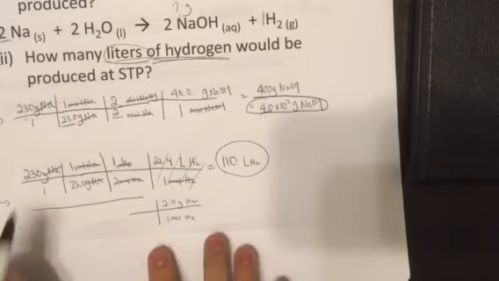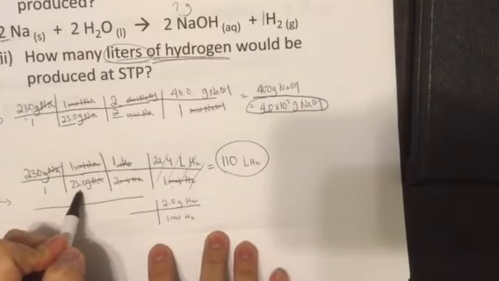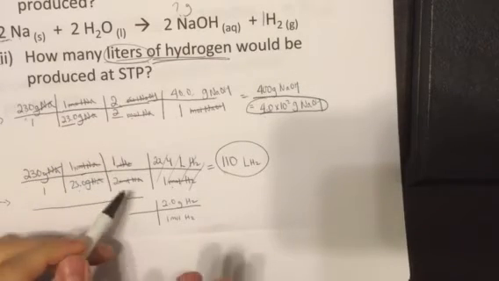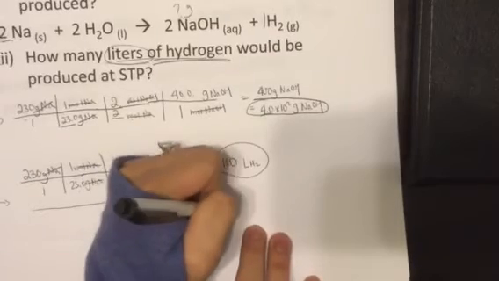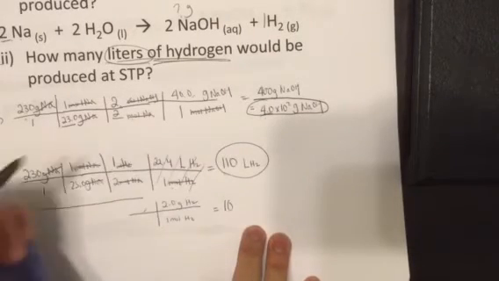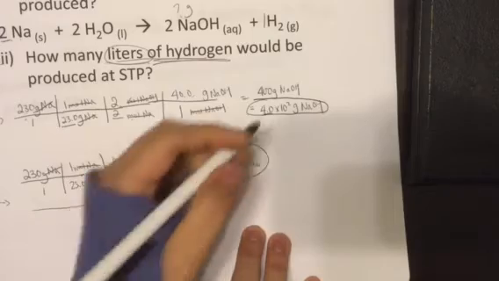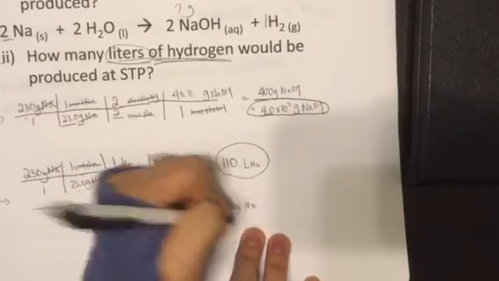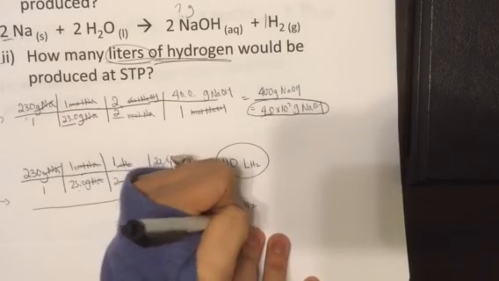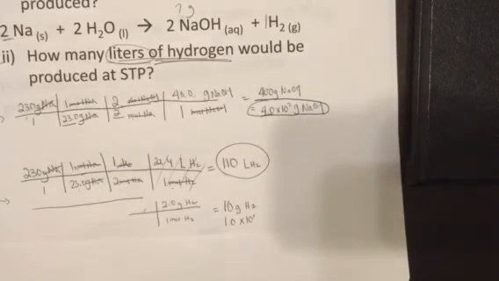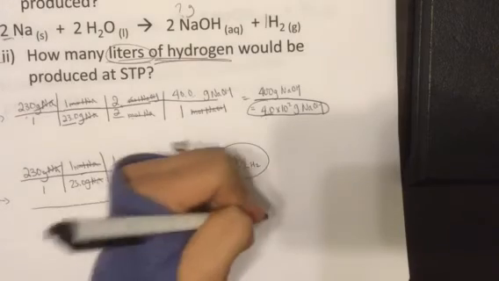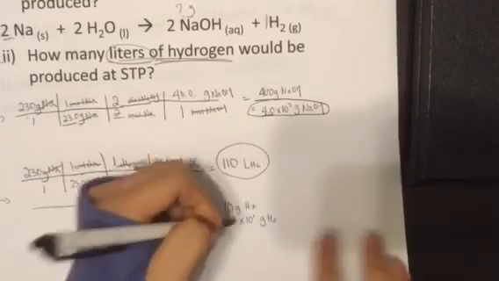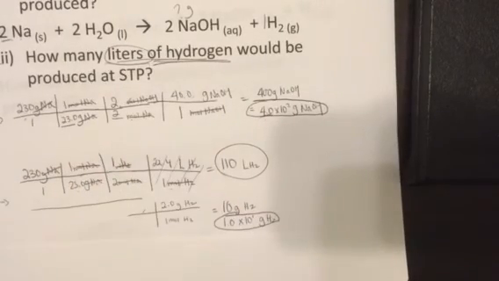Then my answer is going to be 230 divided by 23 is 10, times by half is 5. 5 times 2 is 10. So I have 10 grams of hydrogen gas, but let's change that so it's 2 sig figs, so times 10 to the 1. So 1.0 times 10 to the first power grams of hydrogen gas, or 10 grams, and that's your answer.